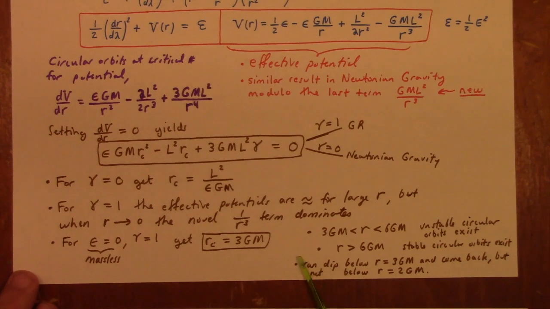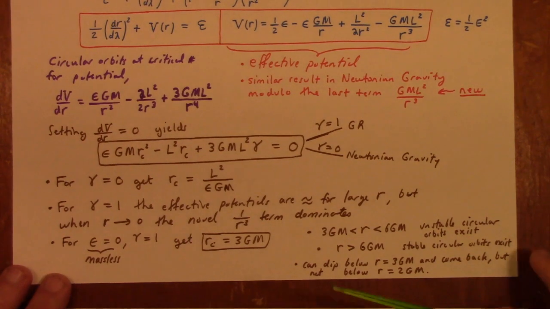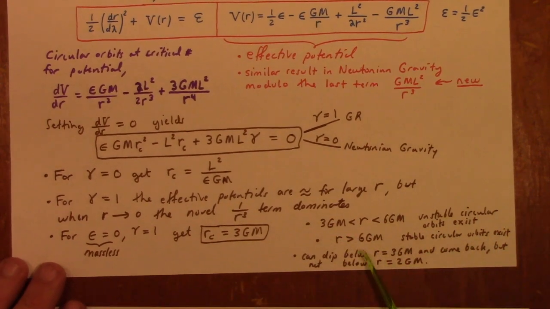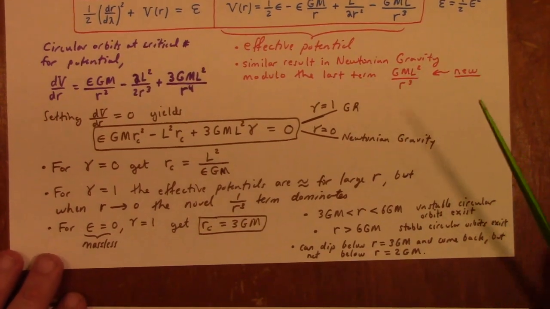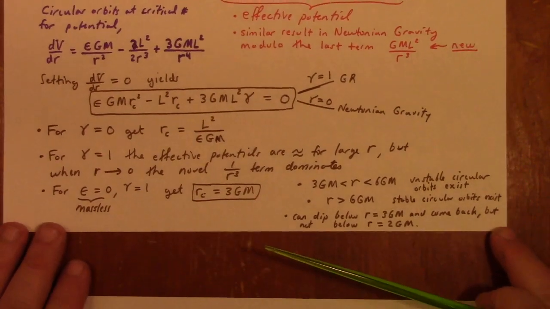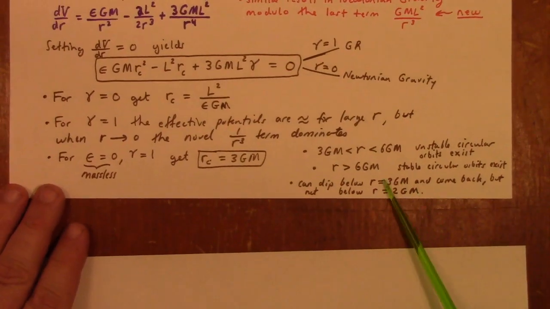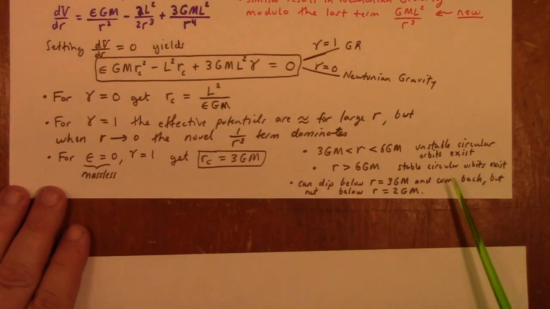But I think he says it's unstable, so if it gets perturbed a little bit one way or the other, it'll fall in. He describes that between 3 GM and 6 GM there are unstable circular orbits, and when the radius is larger than 6 GM, you can get stable circular orbits.